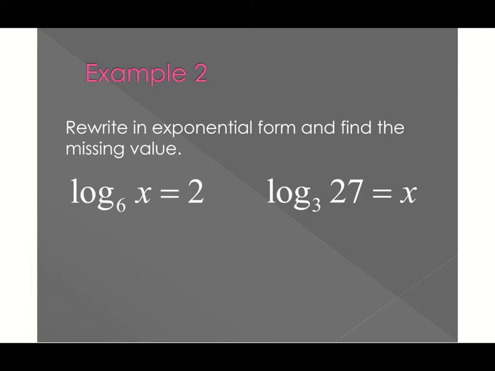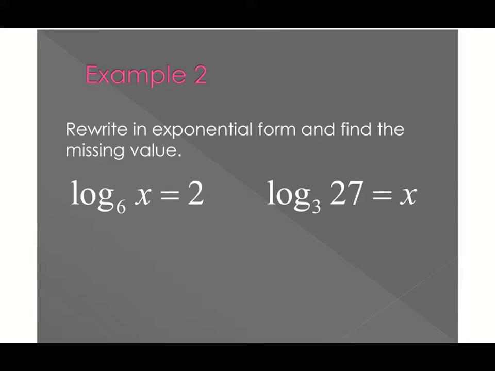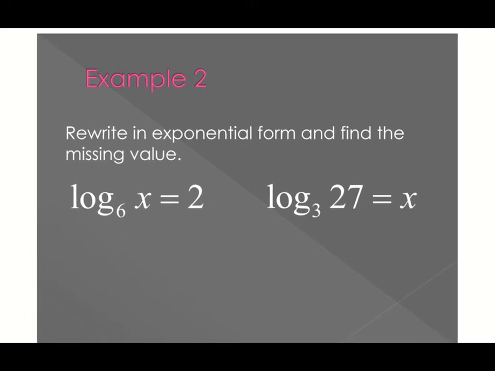My base is 6, so I start with 6, so it would be 6 squared equals x, down and around. I know what 6 squared is, so x equals 36.